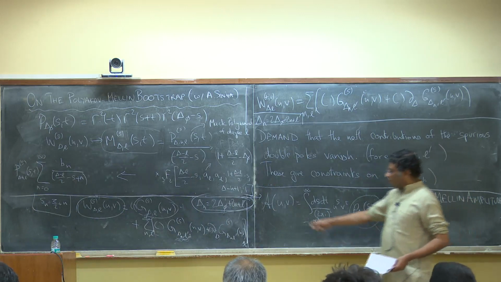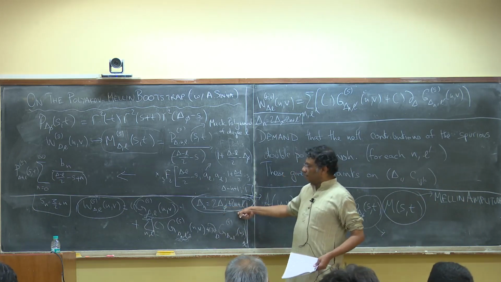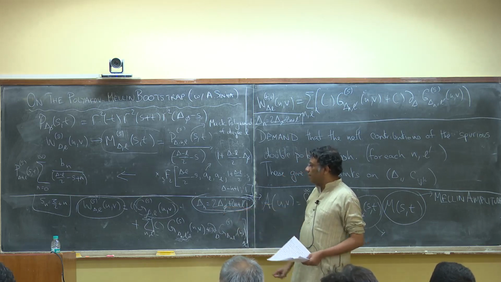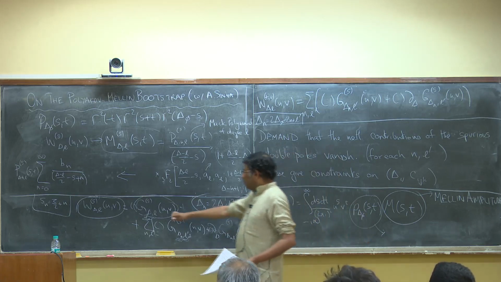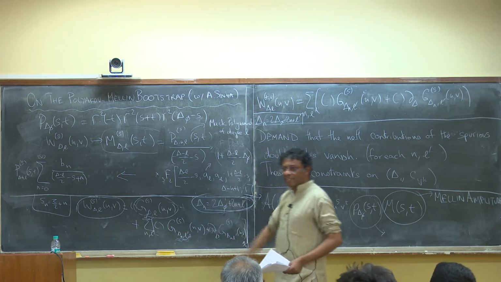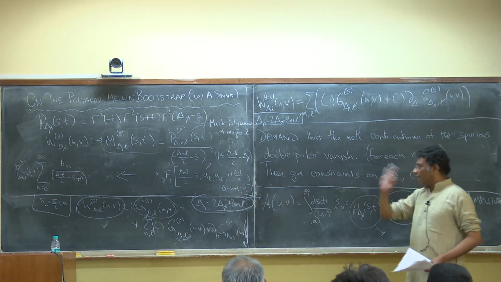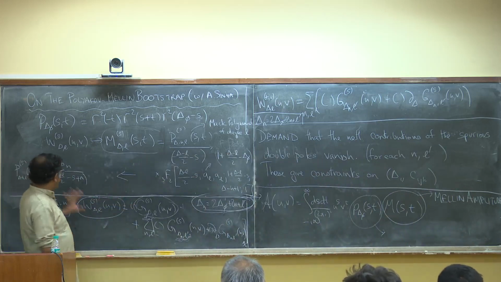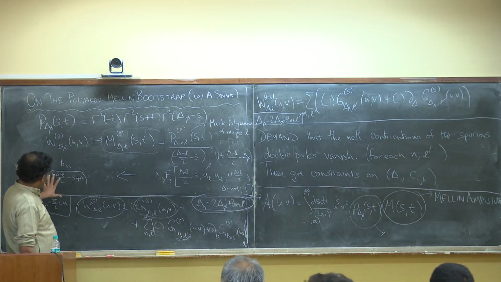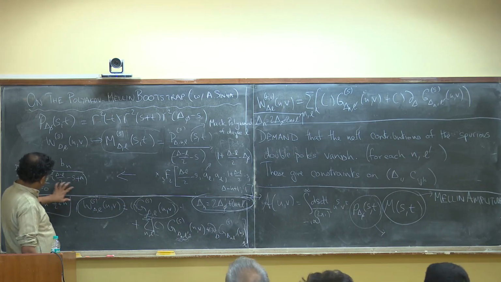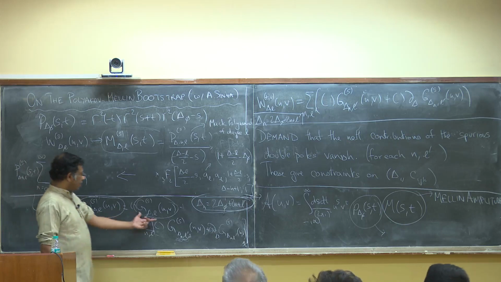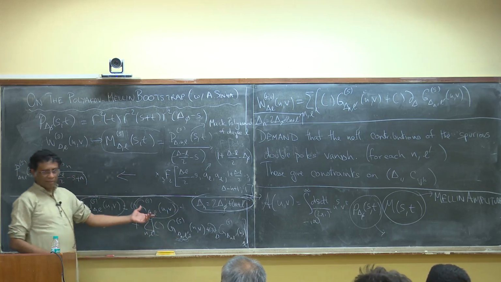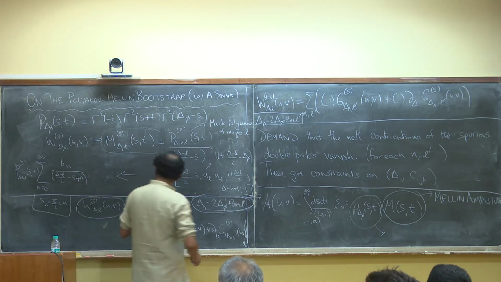These poles are nothing but a reflection of this operator and its descendants, I should say. The role of that will come soon. So this piece, if you wish, is essentially coming from here.